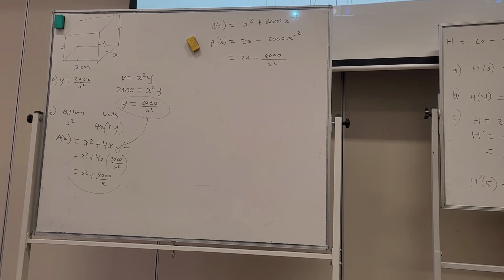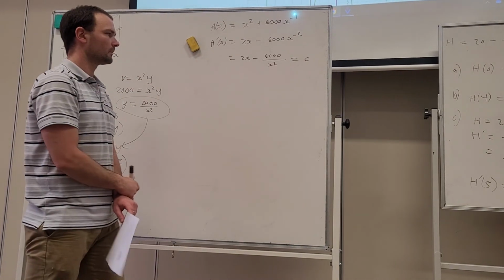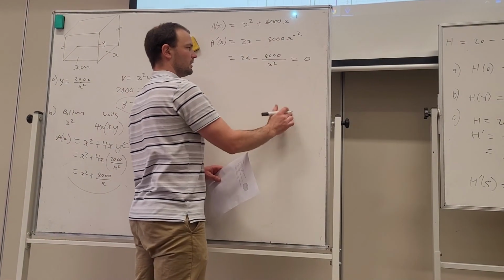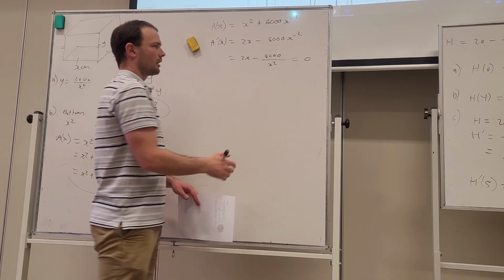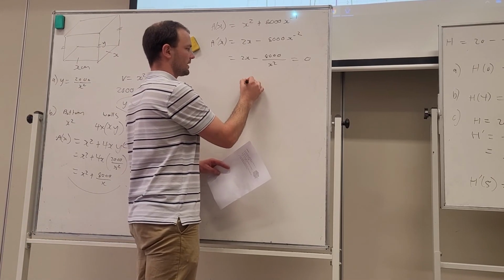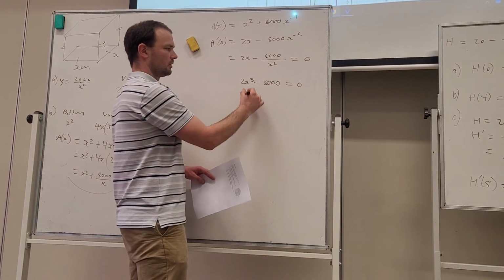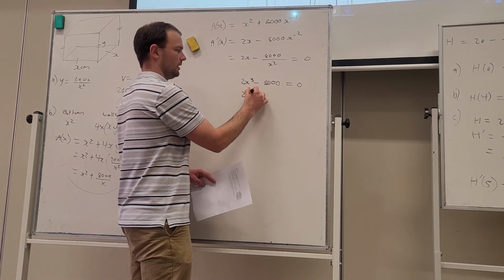Okay, we want to know when the first derivative is equal to 0. That's how we draw its sign diagram, isn't it? So if it equals 0, I'm going to multiply both sides by x squared. So we're going to have 2x cubed take 8000 is 0, and then we can solve that pretty easily.